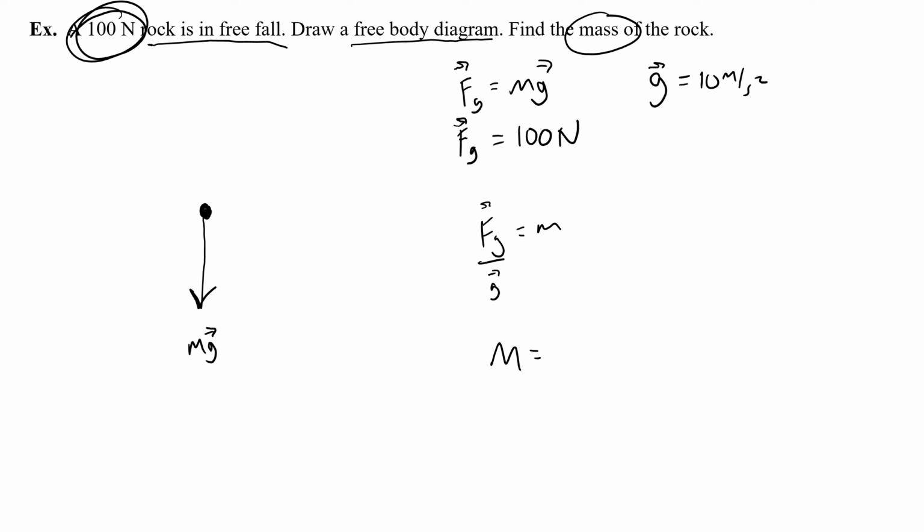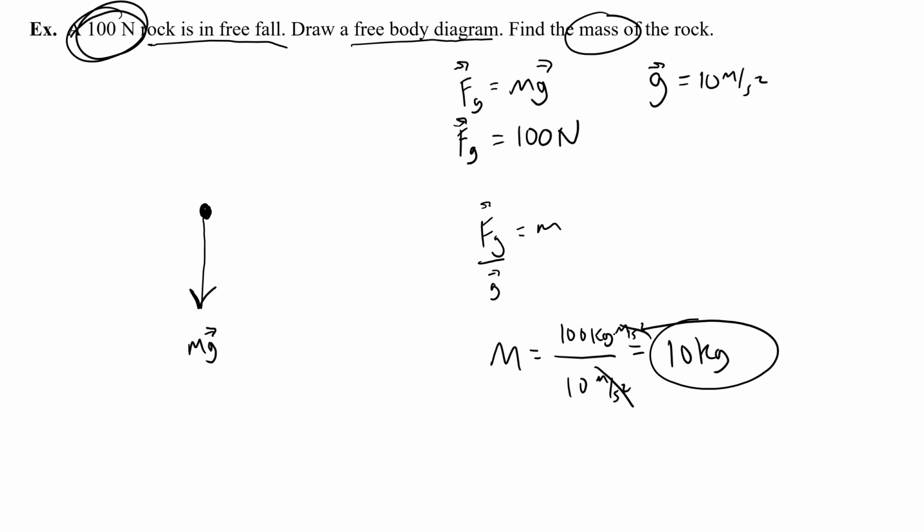So the mass is the force of gravity over 10 meters per second squared. Remember, a Newton is a kilogram times a meter per second squared, so the meters per second squared cancel out. Boom. We just found the mass of the object in kilograms.